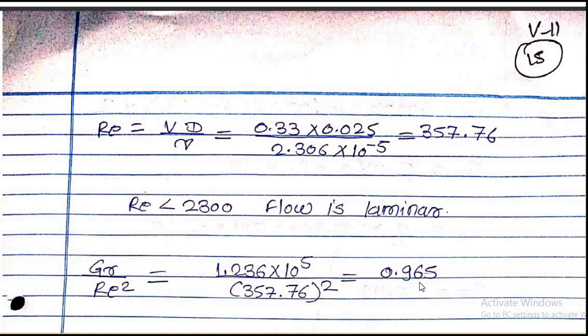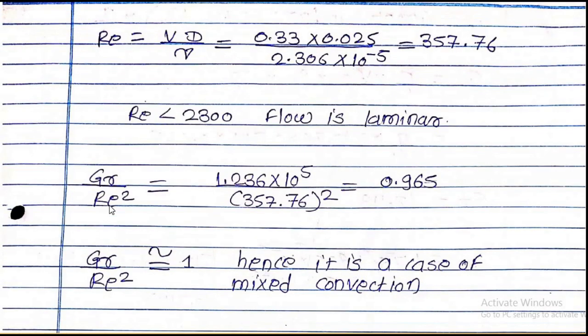Okay, if the ratio of Gr divided by Reynolds number square is near about 1, then we have to consider the mixed convection, that is nothing but a combination of forced and free convection. Now in case of cylinders, if the value is near about equal to 1, hence it is a case of mixed convection.